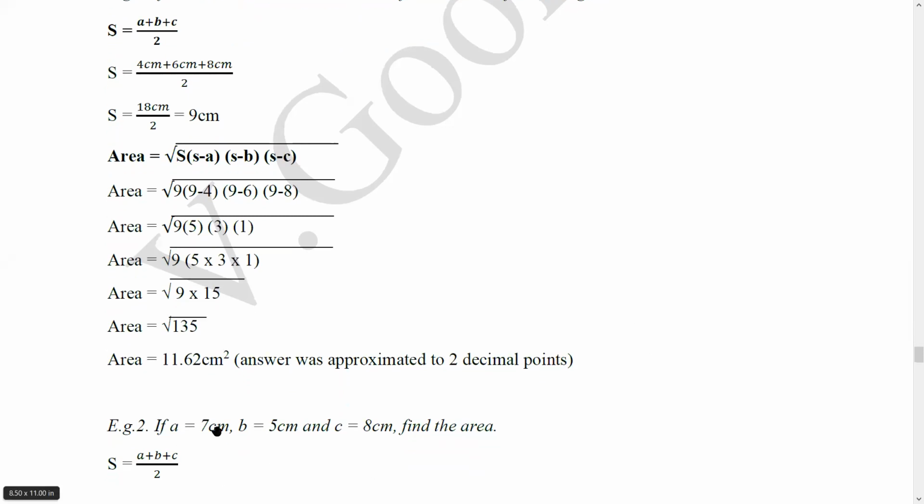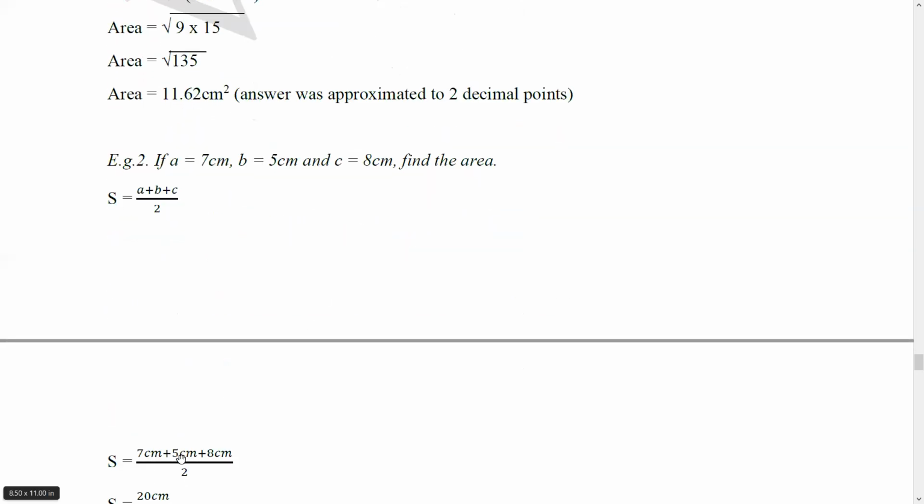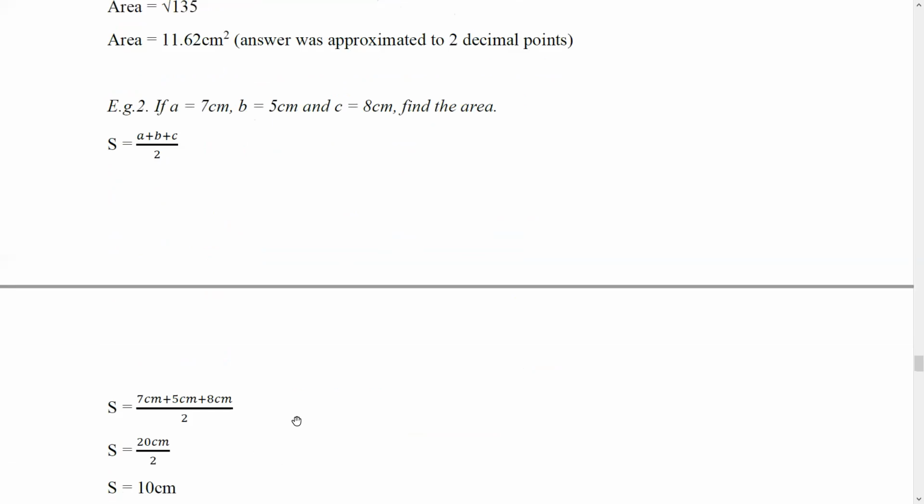So if A is 7, B is 5, and C is 8, find the area. Of course, S is equal to A plus B plus C over 2. So 7 centimeters plus 5 centimeters plus 8 centimeters will give us 20 centimeters divided by 2. S is 10, right?